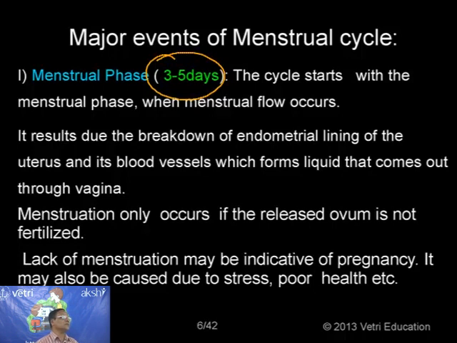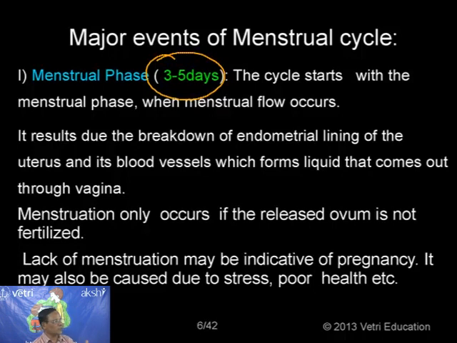If fertilization occurs, there is no menstrual flow, and no menstrual cycle once again. If there is no fertilization, the released egg, along with the broken uterine endometrium and the ruptured blood vessels, is all released out as menstrual flow. That is the indication of the end of one menstrual cycle and the beginning of the next.